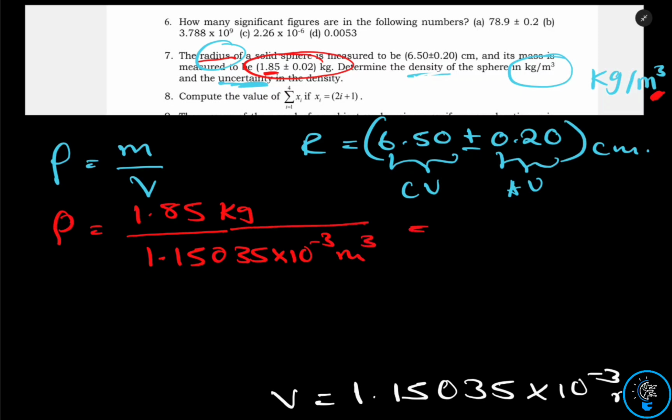Okay, so punch that into your calculator. So we are saying 1.85 divided by 1.15035 exponent negative 3.